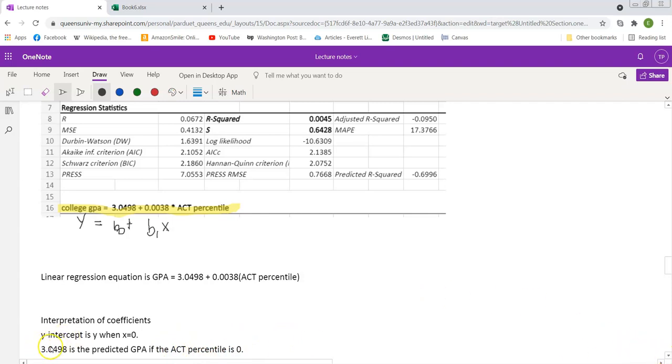But again, the interpretation is that the Y-intercept, whatever that Y-intercept is, 3.0498 in this case, because that's the variable that's by itself without an X term with it, is the predicted value of Y where x is 0.